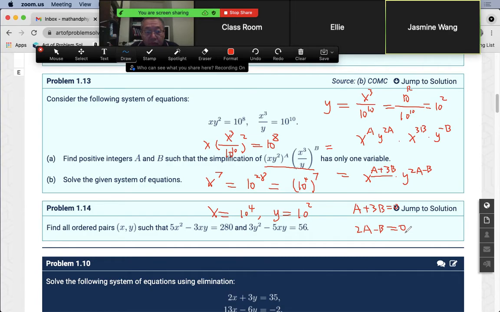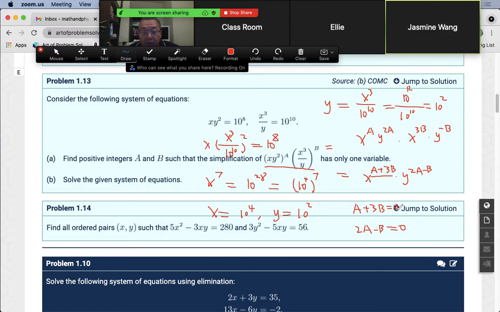Now let's see. Actually, we already solved this equation, right? We already solved this. So if this one, after you simplify, only has one variable. Let's see here, a minus 3b equals 0.